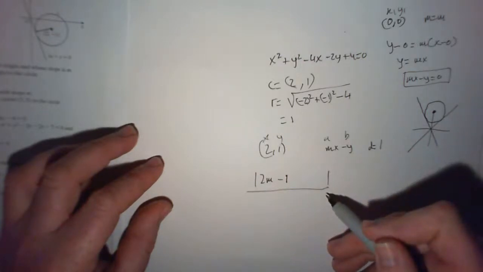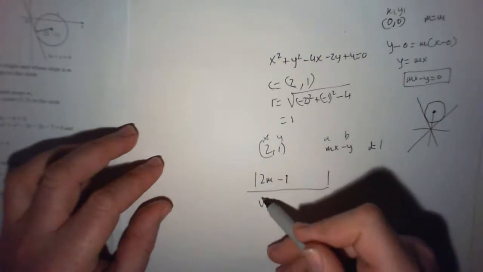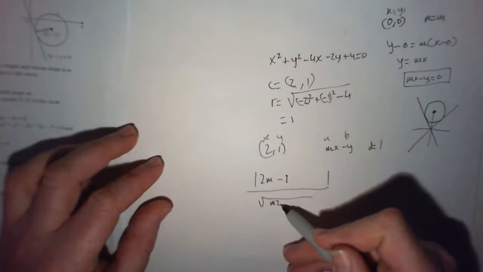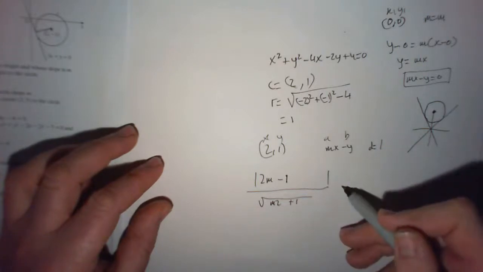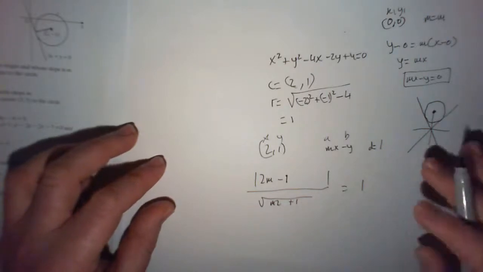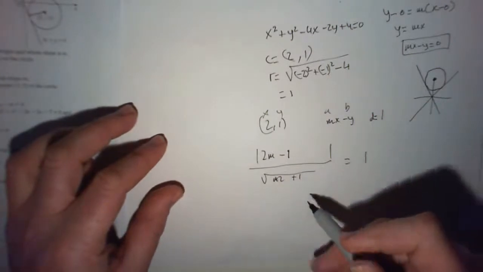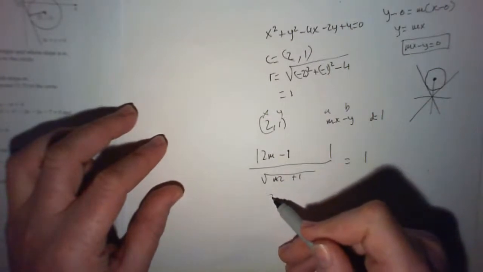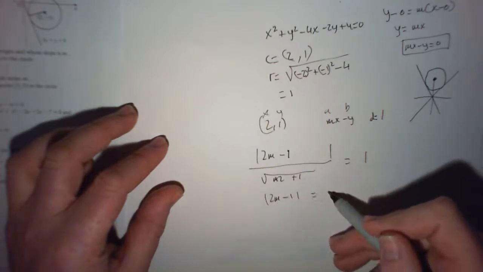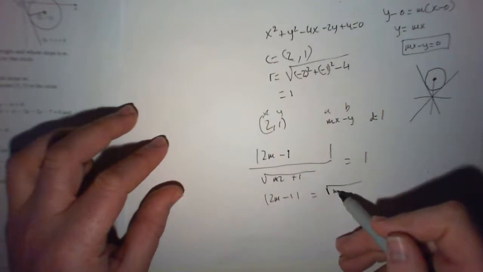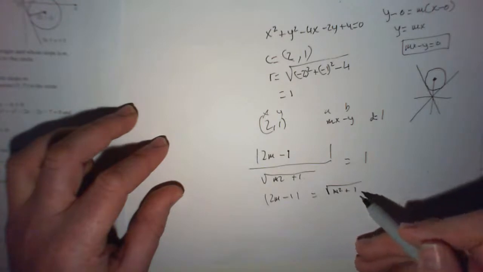All over the square root of m squared plus 1, and that has to be equal to 1. So let's cross multiply here. We've got 2m minus 1 equal to the square root of m squared plus 1.